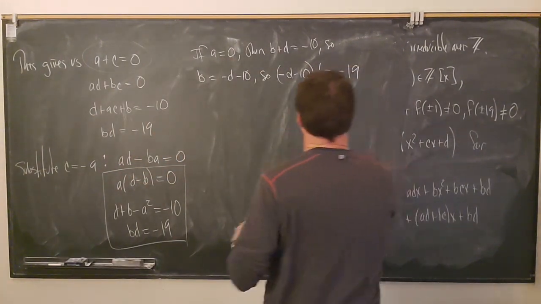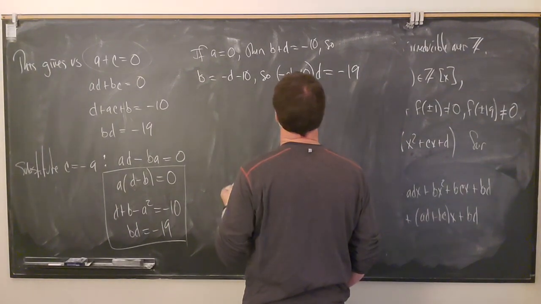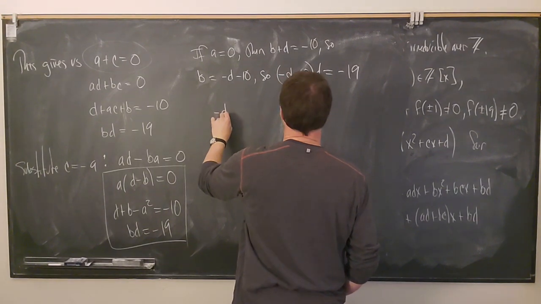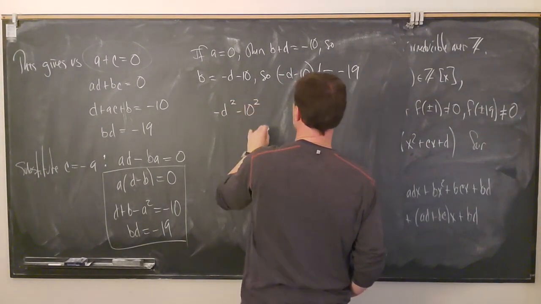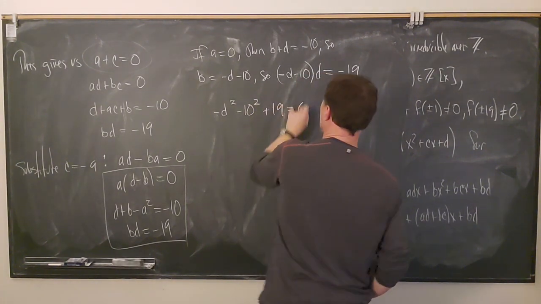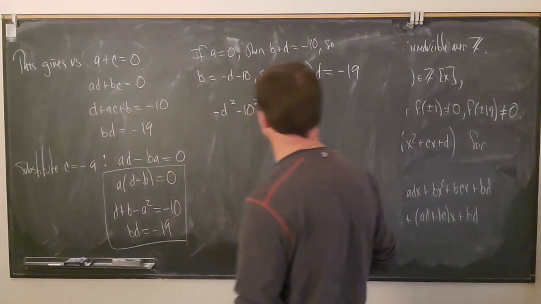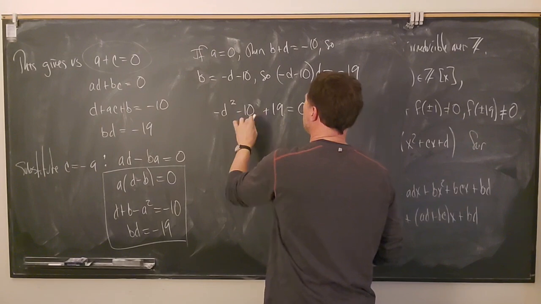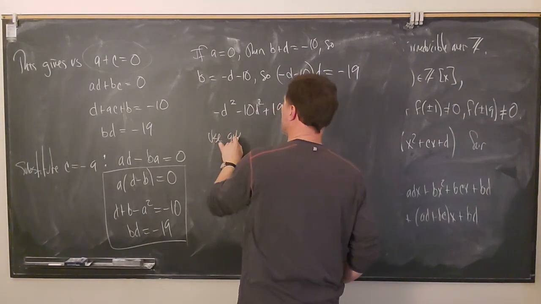Right, which I can then turn into a quadratic equation. So this is negative D squared minus 10D plus 19 equals 0. So now use quadratic.